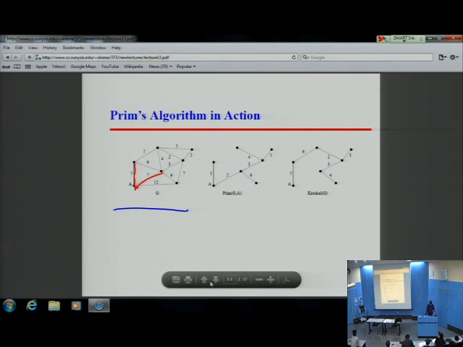You say 3, that's exactly right. I can grab that. What is the cheapest thing that I can grab without creating a cycle? 2, I might as well grab this one, right? What is the cheapest thing that I can grab without creating a cycle? 2.